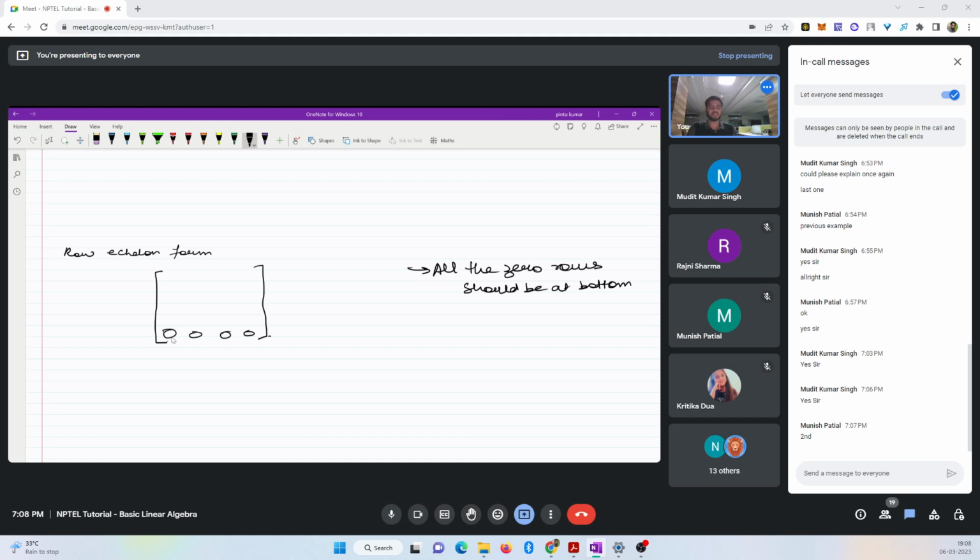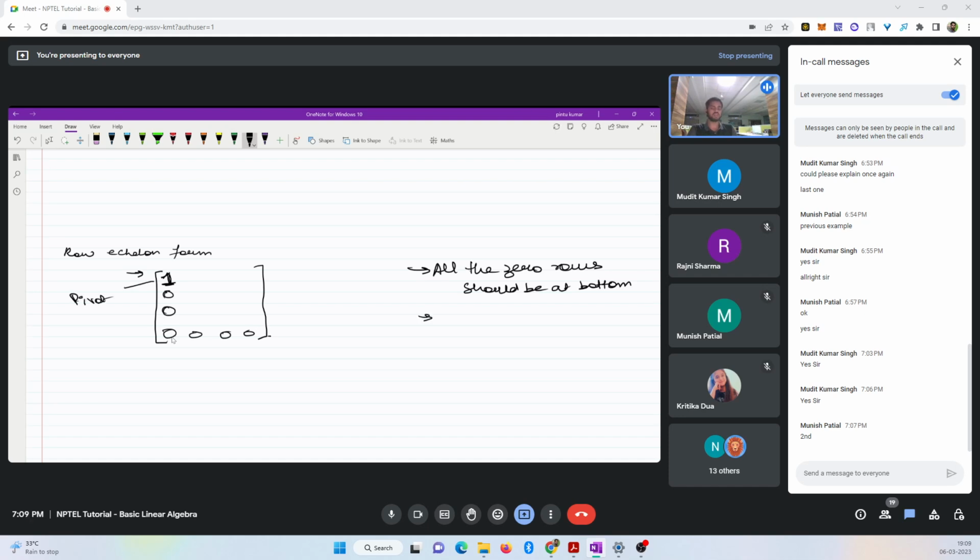Next, going from left to right, if this is the first entry of any row, all the entries below that should be 0. For my first row, this was my first entry, so everything below this should be 0. This kind of element is called a pivot element.